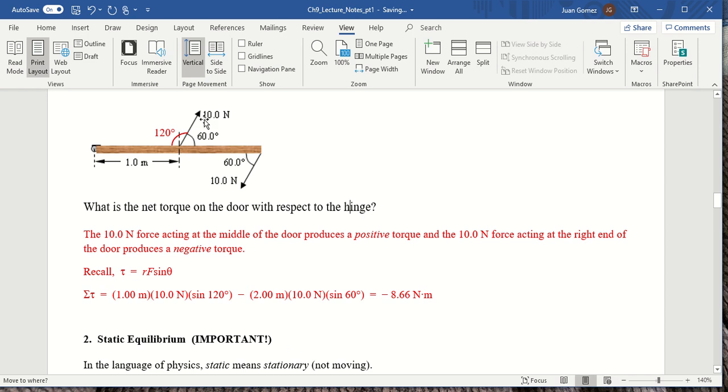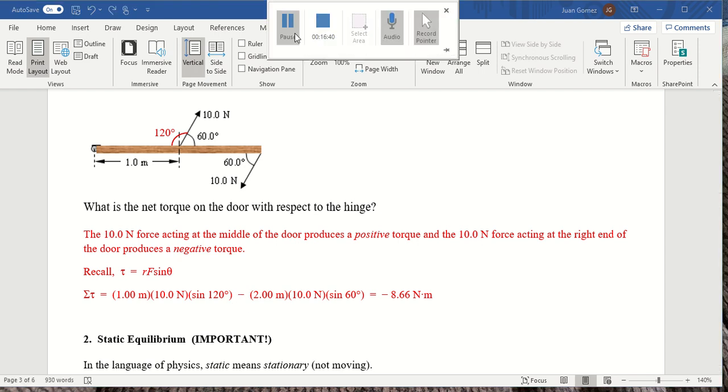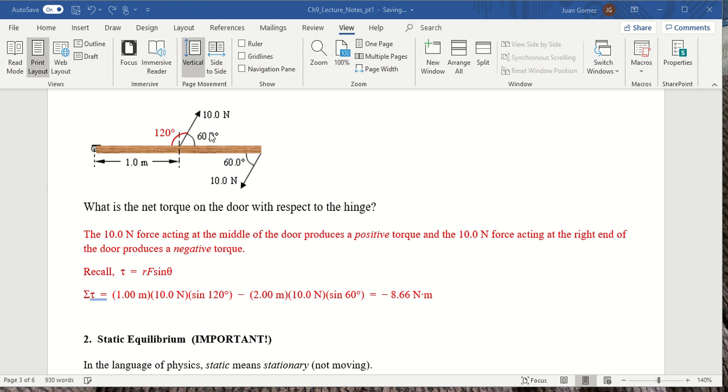Well, let's do the positive torque, the one in the middle. So in our sum, I'm going to start with that one. The force is 10 newtons. The lever arm is 1 meter, because that 10 Newton force is 1 meter from the pivot.